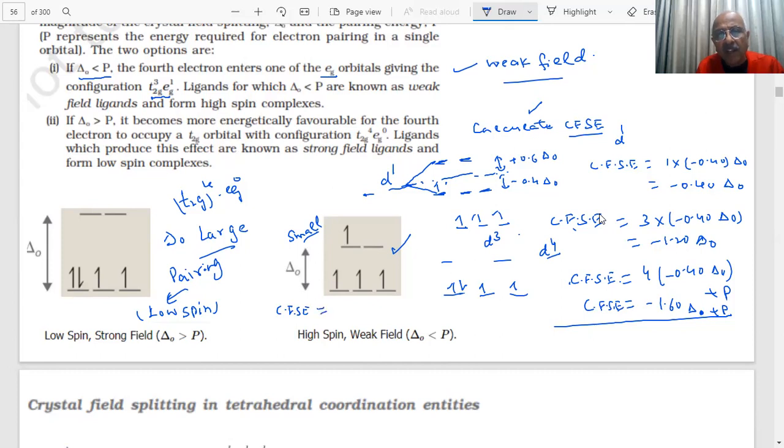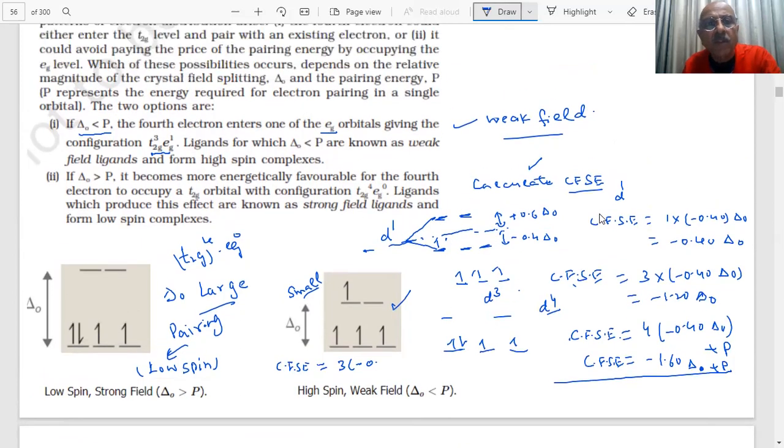Here there are three, students, 3 into minus, 3 into minus this value. The lower value is 0.4 or 0.6. What did I tell you? Actually, there is some correction we have to make. Just wait a minute.